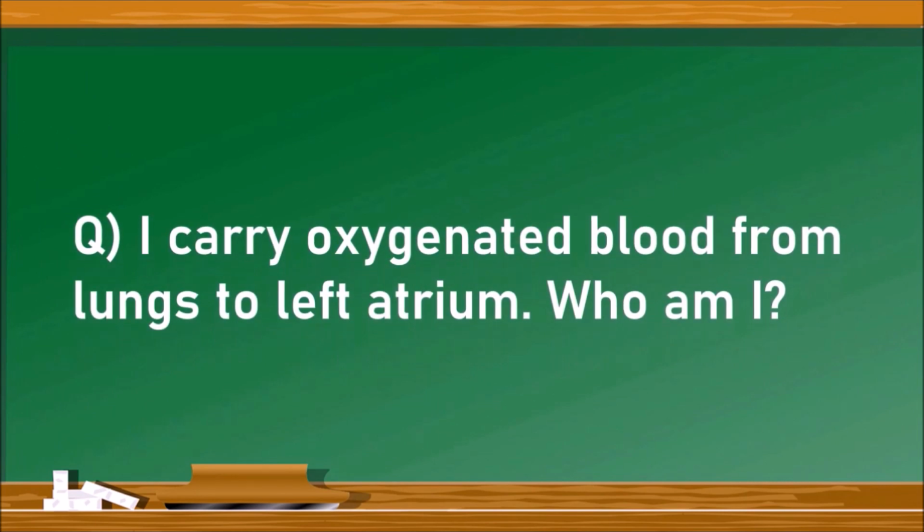I carry oxygenated blood from the lungs to the left atrium. Who am I? Remember one thing, whatever the blood vessels that transport the blood in between lungs and heart are, we call them pulmonary blood vessels.